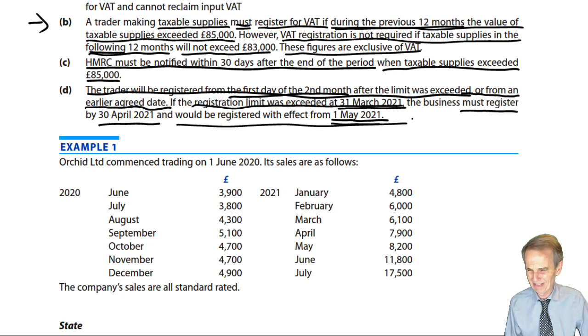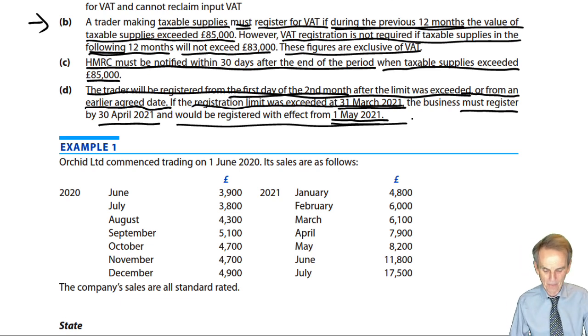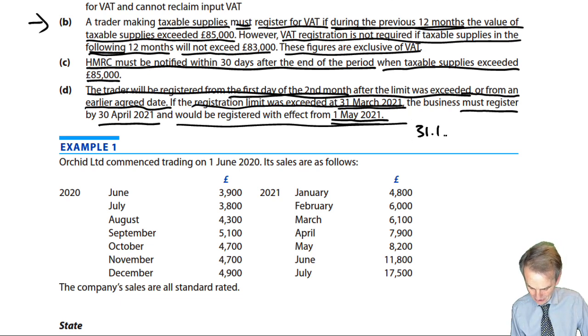You might think, well, isn't that just an odd way of expressing things? We have to have that because there's always the possibility, and students always ask the question, so what would happen if you hit that level of taxable supplies at the 31st of January 2021? Because if we're talking about ending at the end of January, the next month is February.